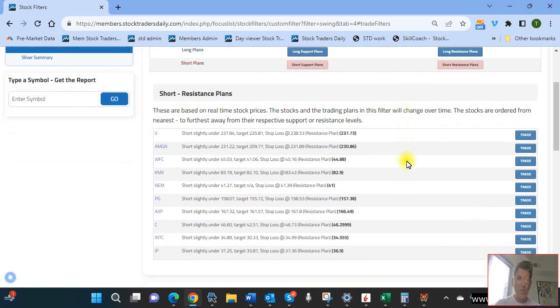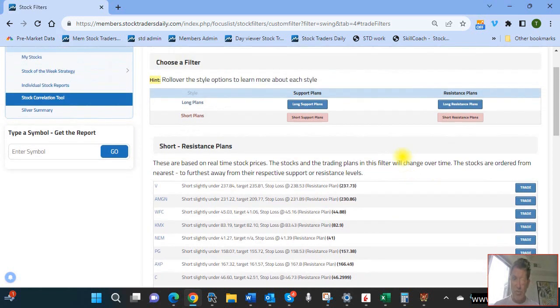The tool will spit out trading plans for you objectively based on the stocks that are trading closest to their respective support or resistance levels, depending on which one you choose, which type of trading plan, of course. Our Stock of the Week strategy conducts this observation every weekend and then selects one of the stocks from the list.